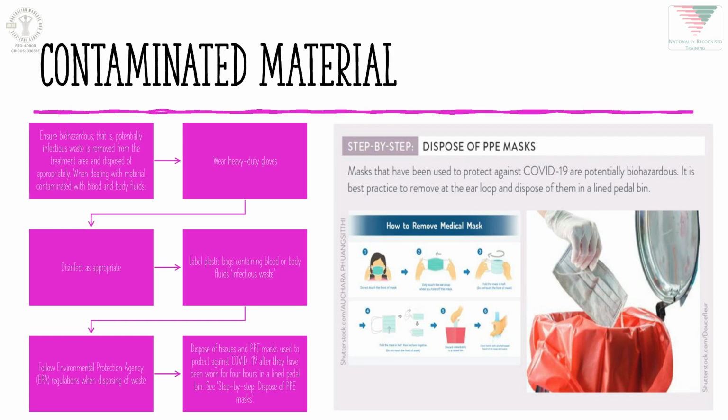Label plastic bags containing blood or body fluids infectious waste. Follow Environmental Protection Agency, EPA, regulations when disposing of waste. Dispose of tissues and PPE masks used to protect against COVID-19 after they have been worn for 4 hours in a lined pedal bin. See step-by-step.